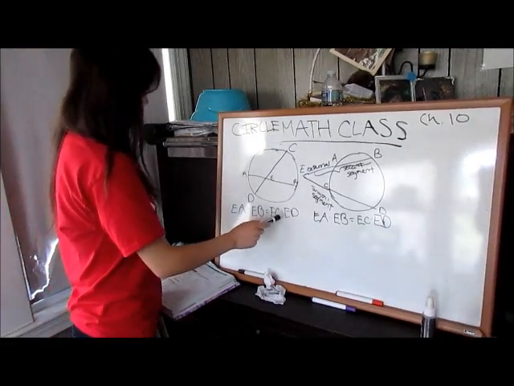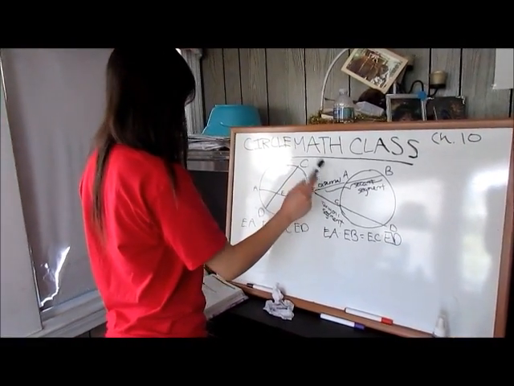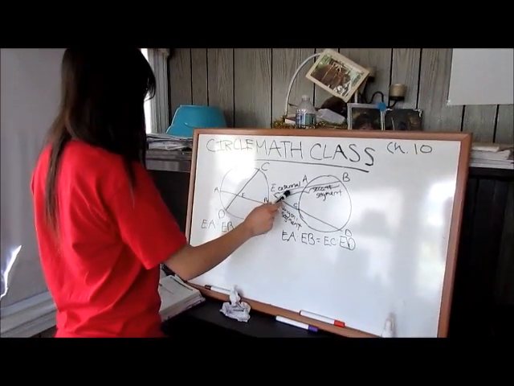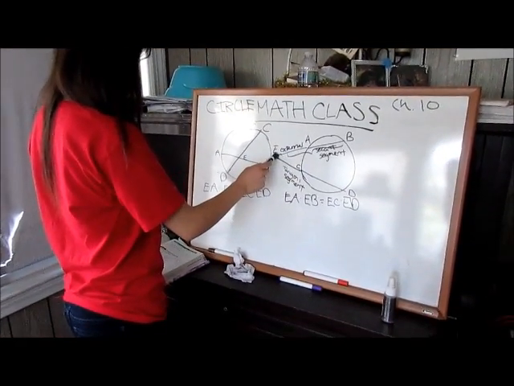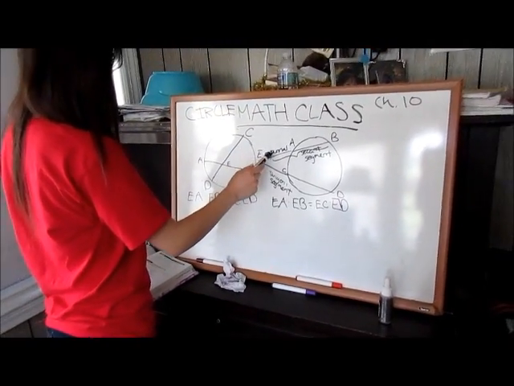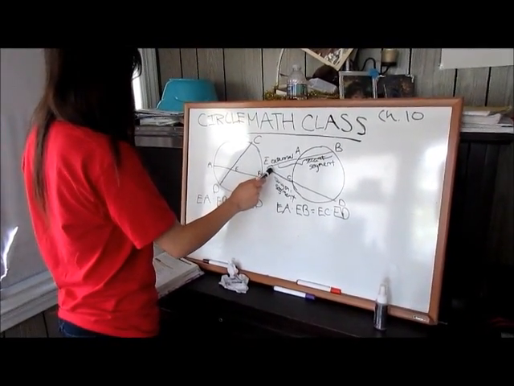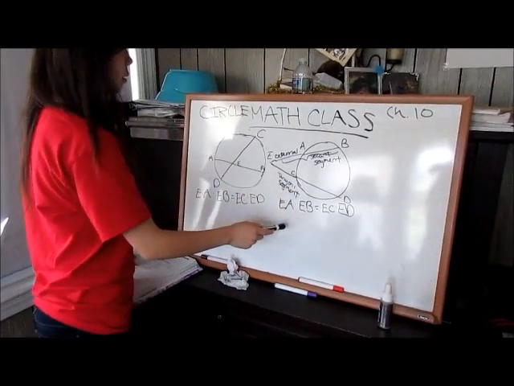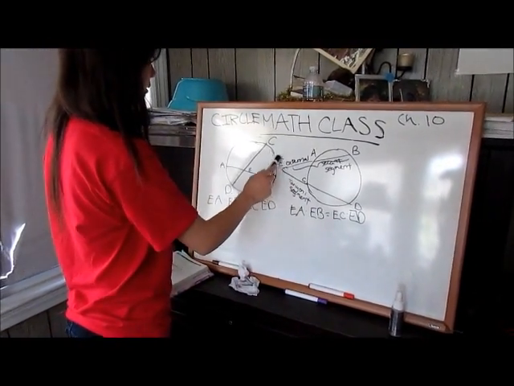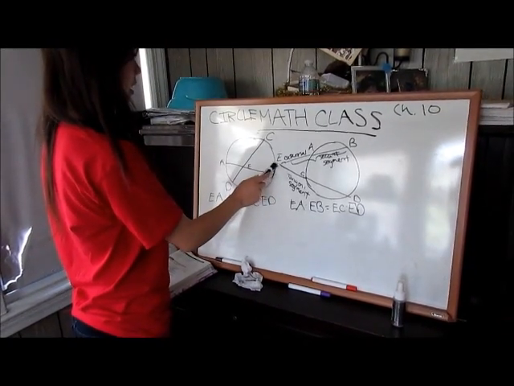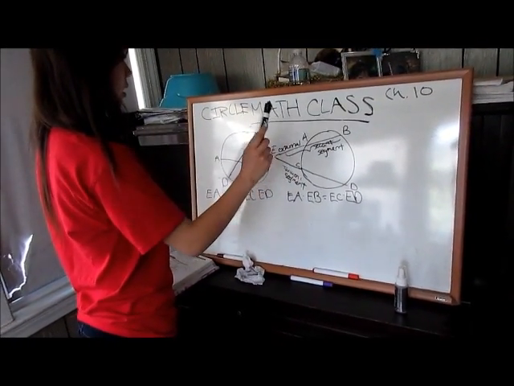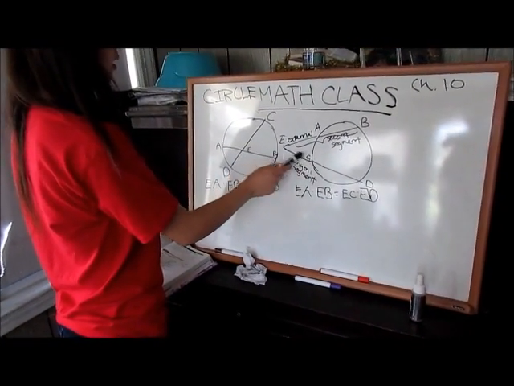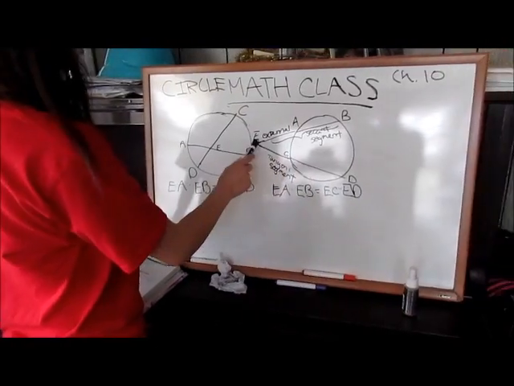And then a second segment, a secant segment, is a segment that contains a chord of a circle and has exactly one endpoint outside the circle. The part of a secant segment that's outside the circle is called an external segment. And then a tangent segment is over here. So it says that the external segment EA times the secant segment EB will equal the tangent segment EC times the whole segment ED.